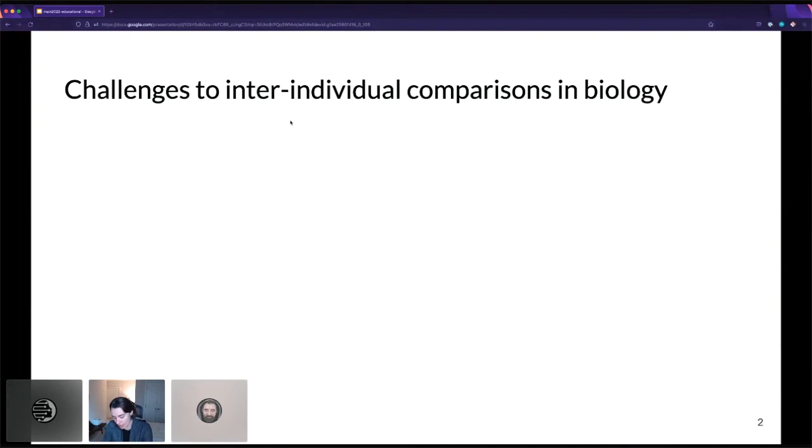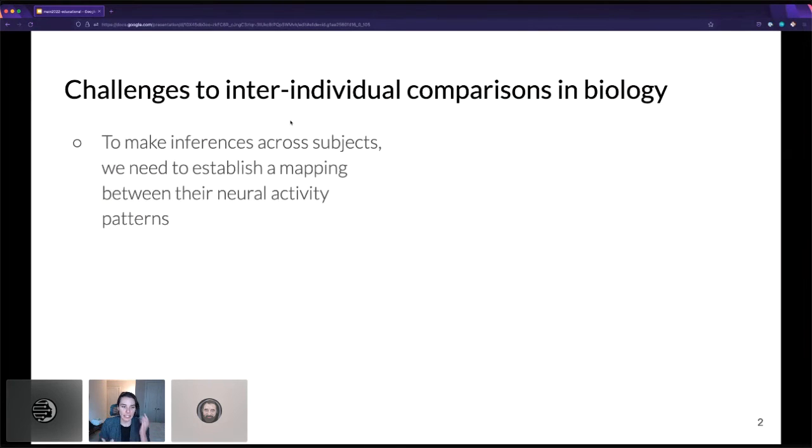So let's say that you're a neuroscientist and you're working with human data. And maybe you've thought a little bit already about the problem of comparing across individuals. And the idea so far is that, okay, yes, if I want to move beyond case studies, I need to have some way to map between neural activity patterns in participant 1 and participant 2.